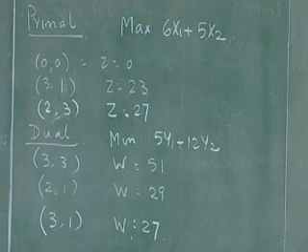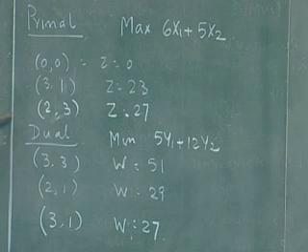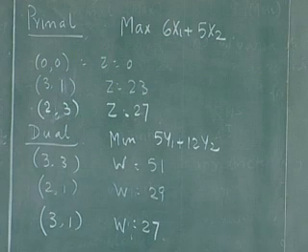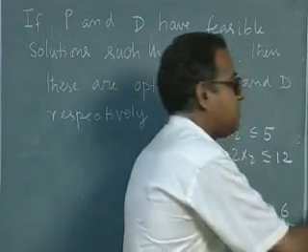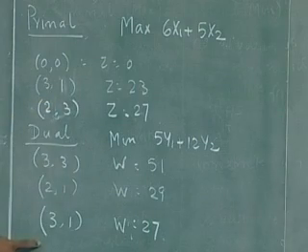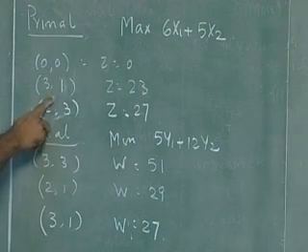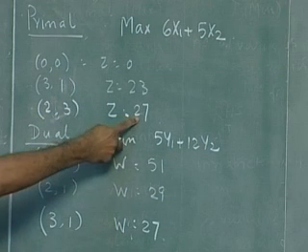Based on this theorem we can go back and say that this is optimal to the primal, this is optimal to the dual. If you look at it very carefully, the optimality criterion theorem is only an extension of the weak duality theorem. If for example these two are not optimal to primal and dual respectively, then this should have a feasible solution with greater than 27.